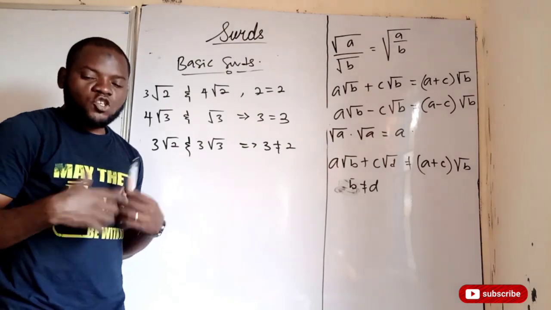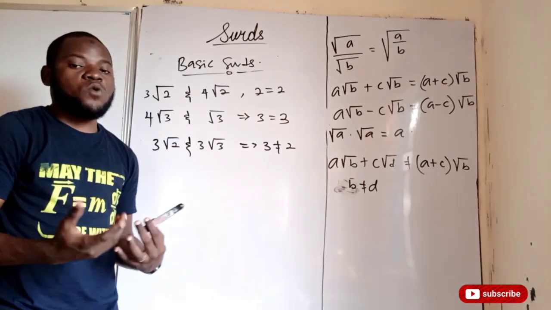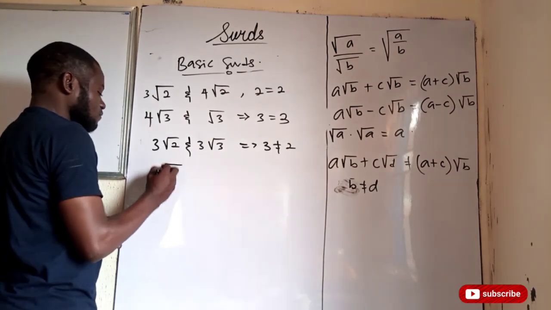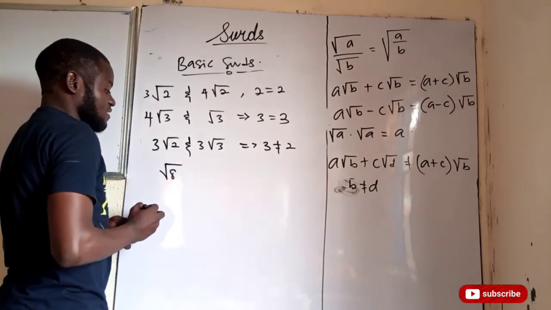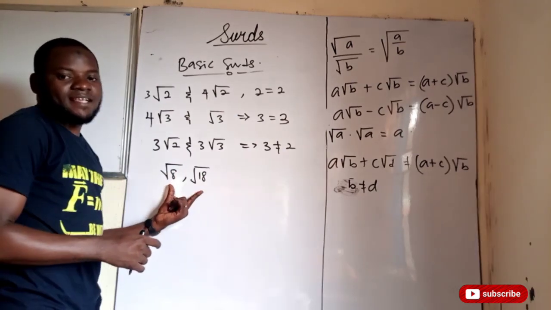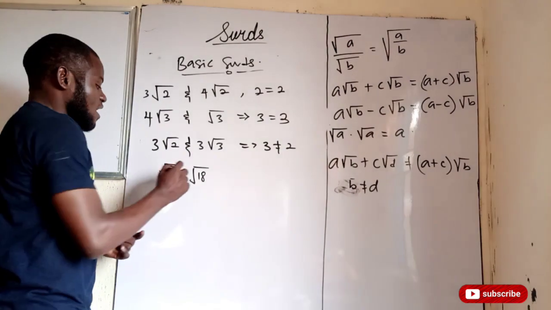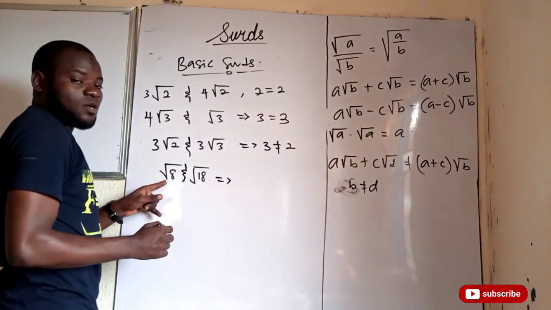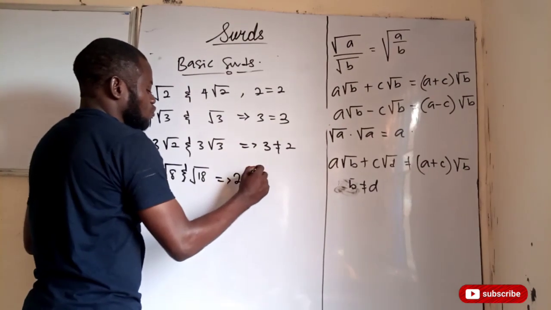So you can also have similar surds in another way, which is different from this. If I have something like the square root of 8 and the square root of 18, these two surds are similar. How are they similar? If I write this one in its basic form, I will have 2 root 2.